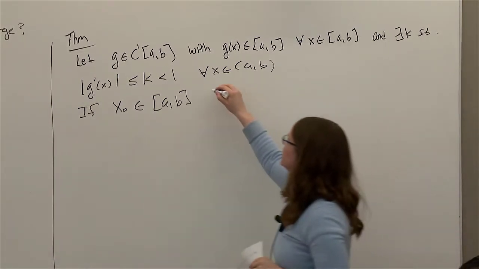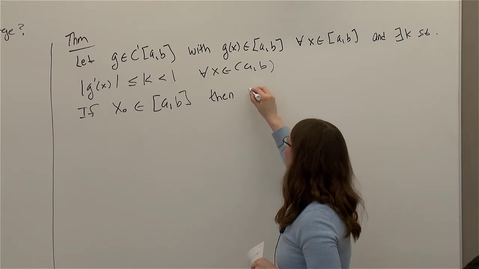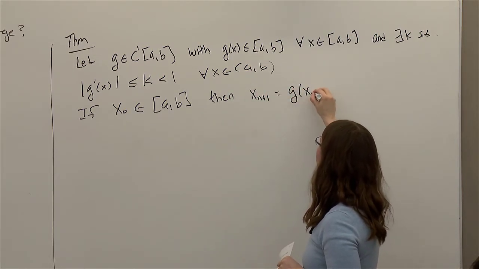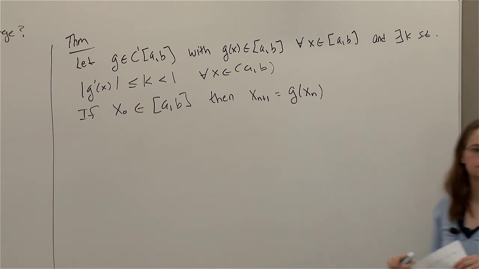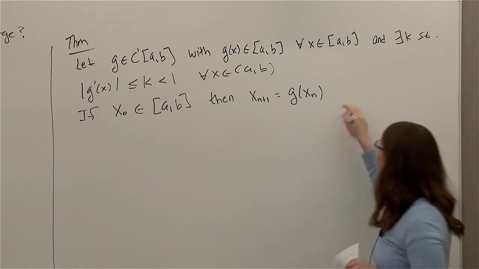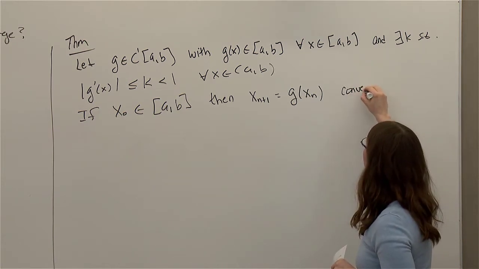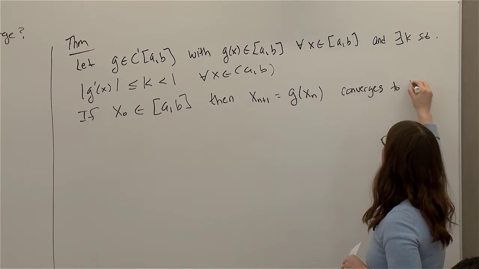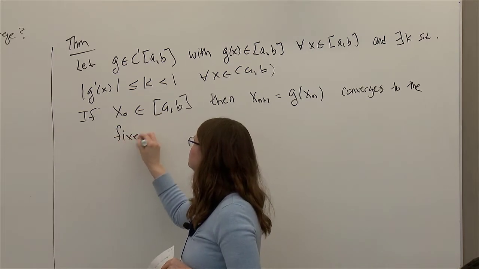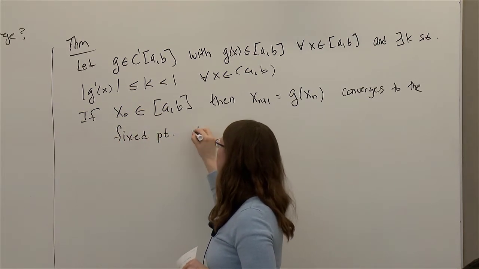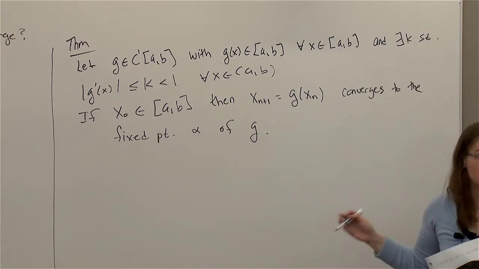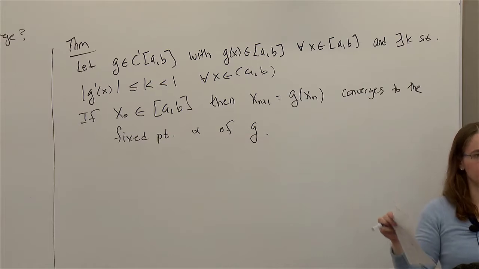And then we do this iteration: x n plus 1 equals g of x n. Okay, and now I claim this works. Then this converges to the fixed point of g, right? The unique fixed point of g that lives within this window.